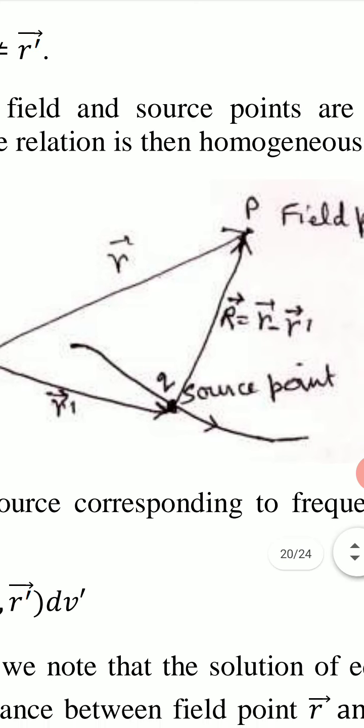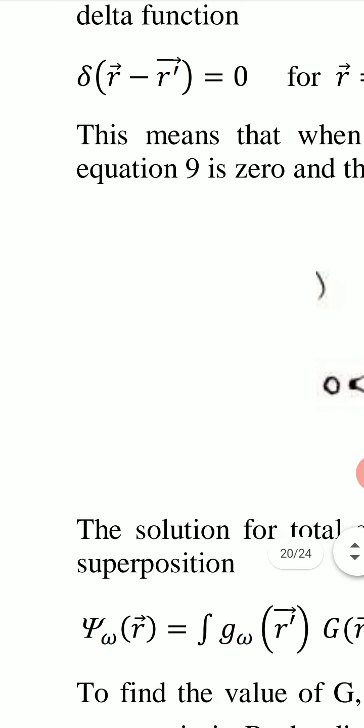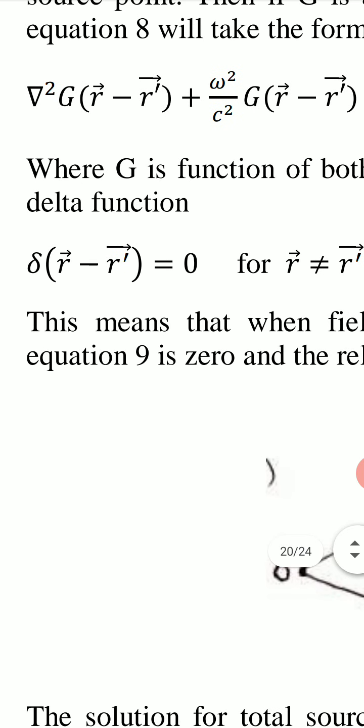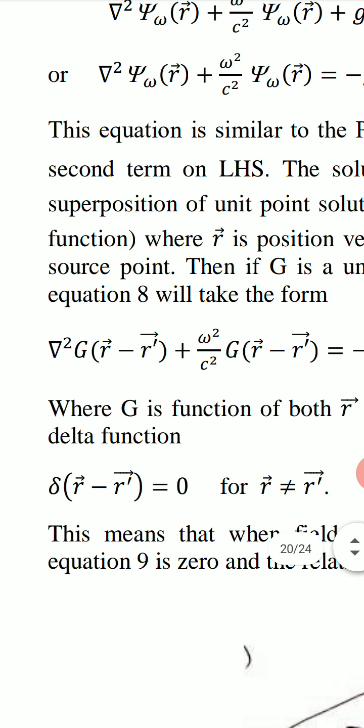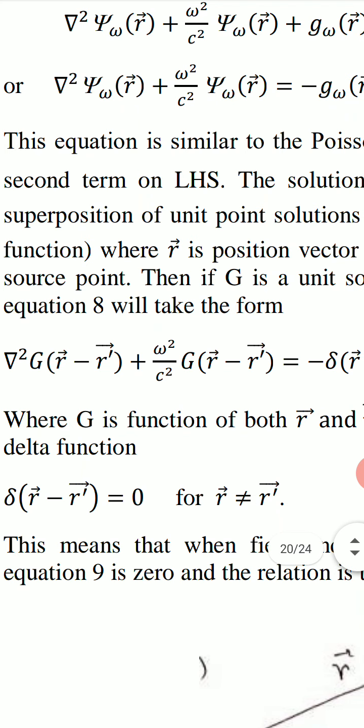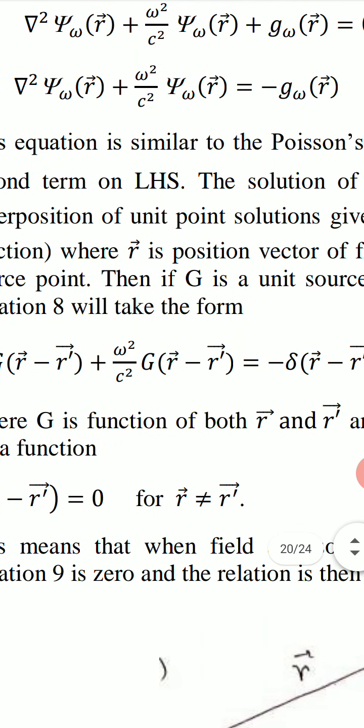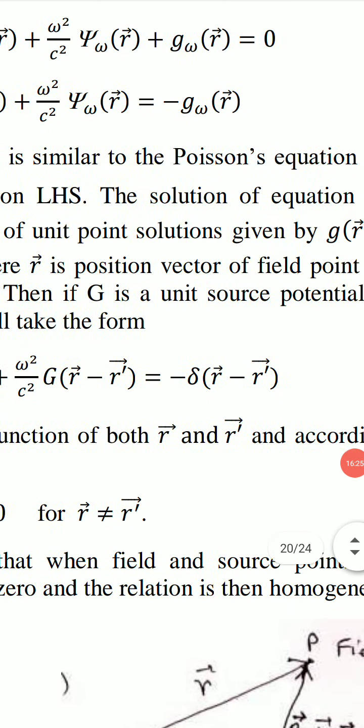So Green function G is now function of R minus R dash. We write in place of psi omega r as G, then we have del square G R minus R dash plus omega square upon c square G R minus R dash equal to minus delta R minus R dash.